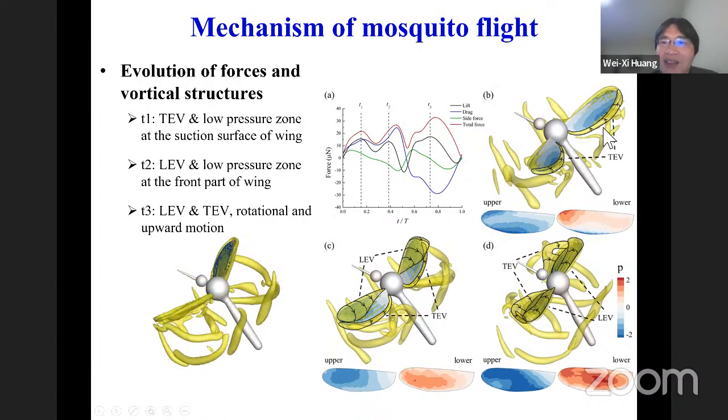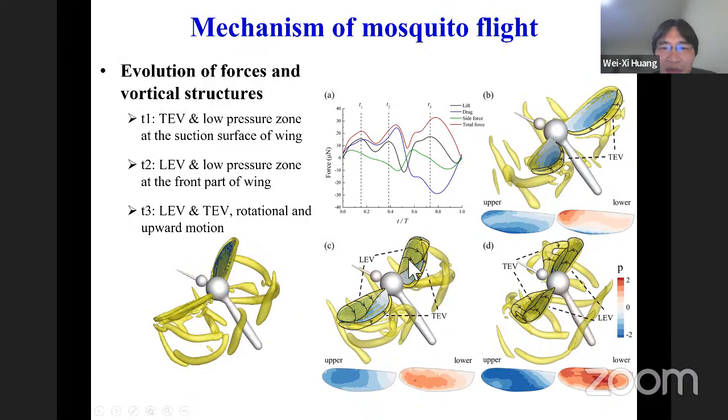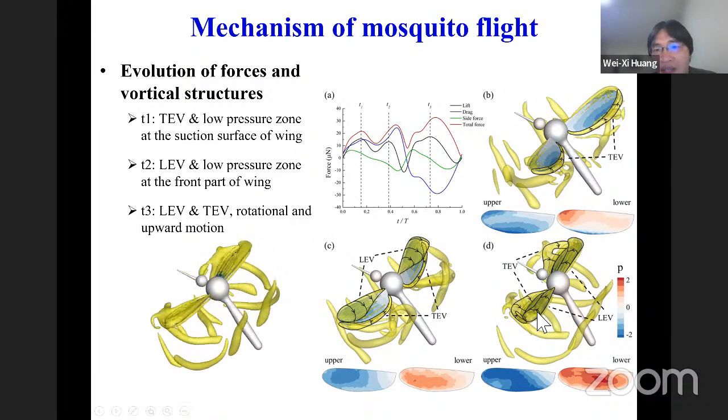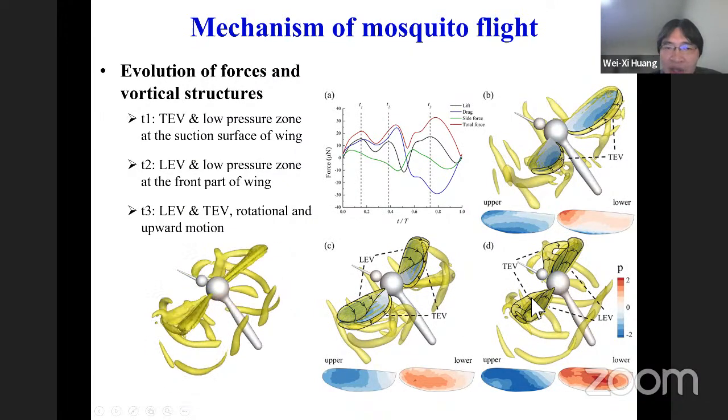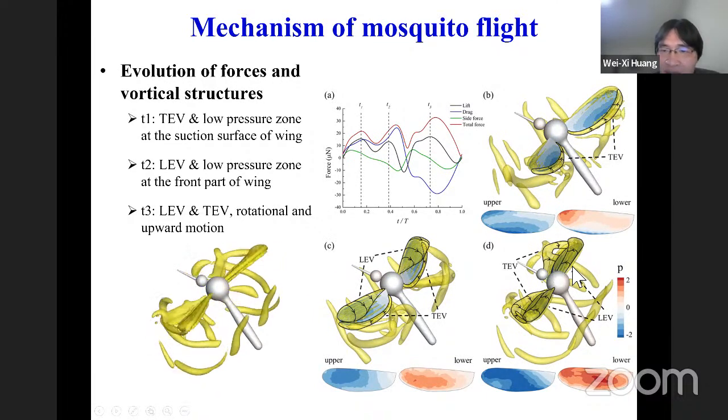At T1, the trailing edge vortex is obvious. At T2, the leading edge vortex is more significant. And at T3, due to the rotation and upward motion, we can see both the leading edge and the trailing edge vortex.